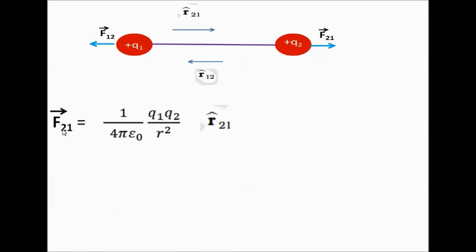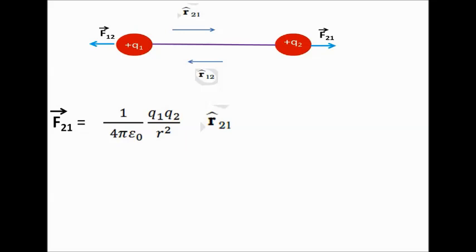So the force experienced by Q2, that we are representing using the vector F21, where F21 represents force experienced by the second particle, that is Q2 due to Q1, and which is equal to 1 by 4 pi epsilon 0 Q1 Q2 by R square.